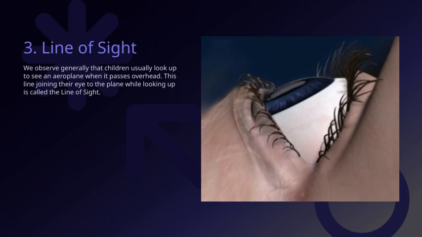This concept is key because it helps us understand how we visually connect with objects in our environment. By understanding the line of sight, we can better grasp how we perceive objects at different angles and distances, which ties into the overall theme of visual perception and understanding spatial relationships. So essentially, the line of sight is just a straight path our eyes follow to focus on something we're looking at, like that airplane soaring above.